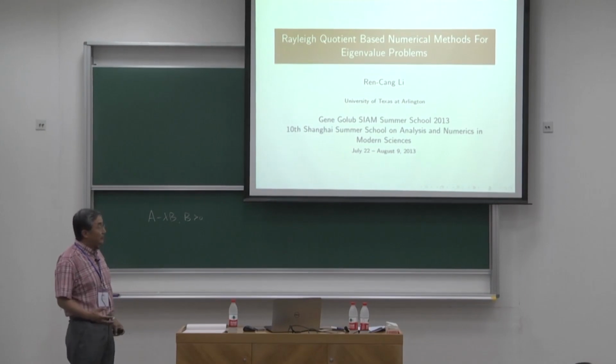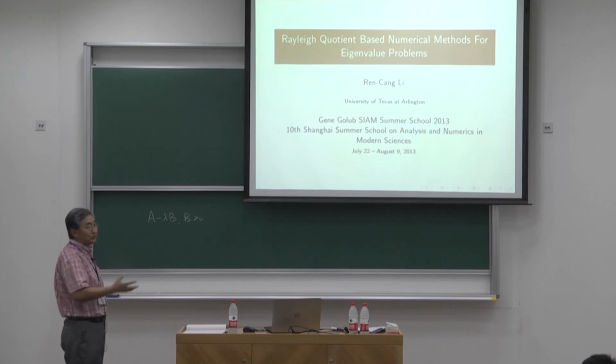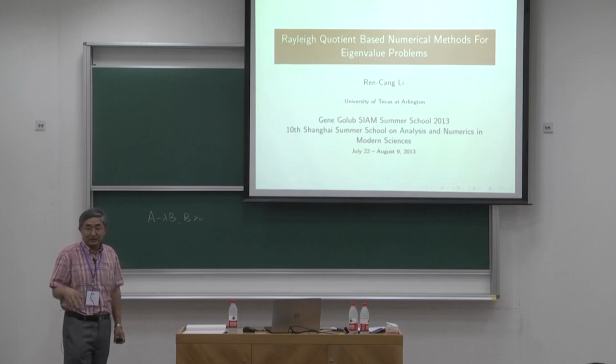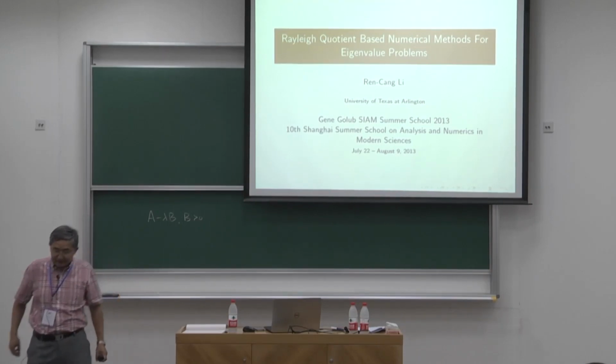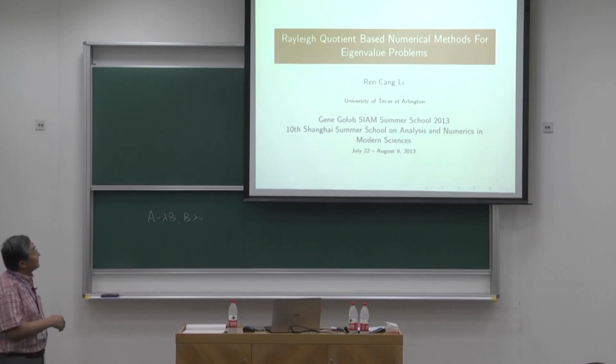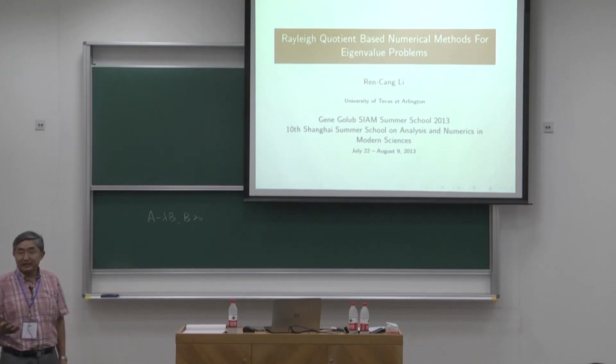So there are a lot of methods, a lot of books, and my theme in this talk is basically on the Rayleigh quotient idea to solve larger scale problems, where the matrices are typically very large. You're not supposed to do any dense method on it like the QR algorithm. Using the Rayleigh quotient allows us to employ some optimization techniques. Okay.